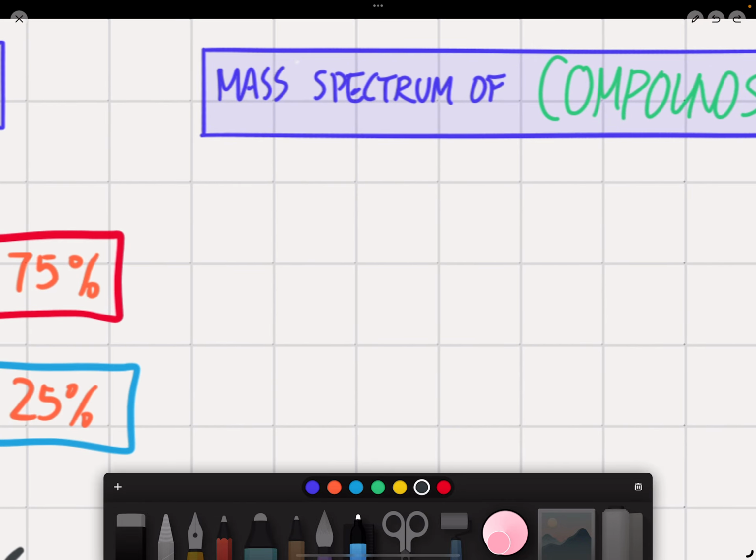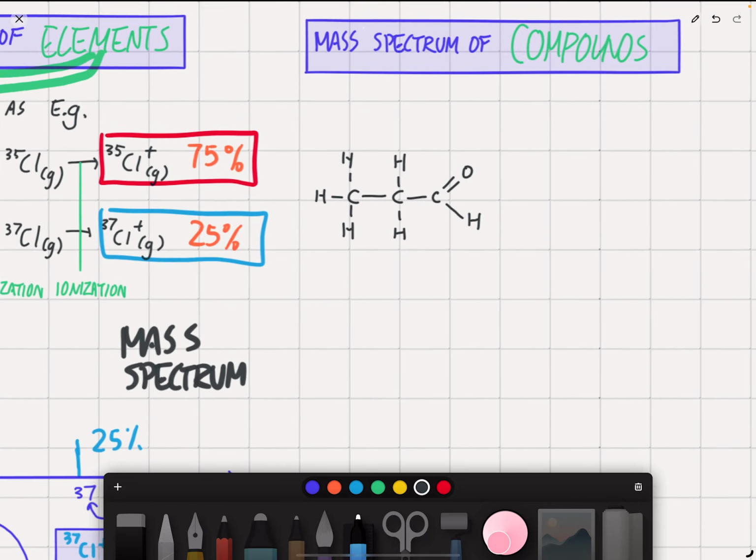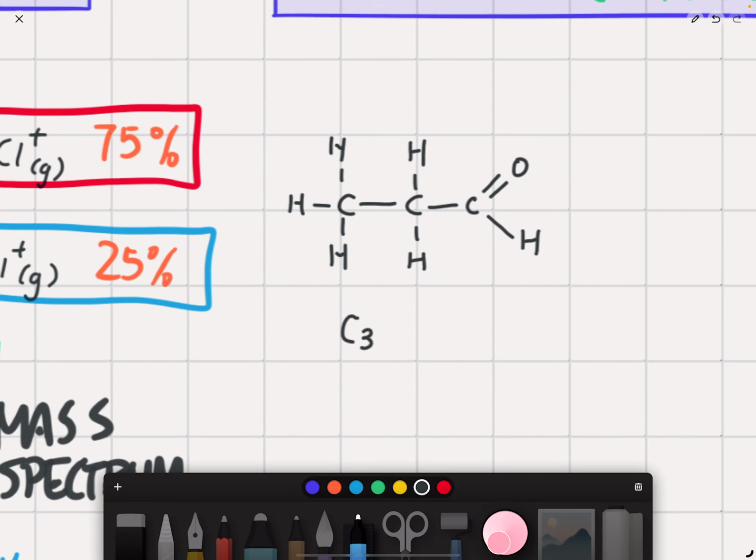So with a compound like ethanol, you know ethanol has the formula CH3CH2OH. So this is ethanol. Let's just condense it into a molecular formula, C3H6O.